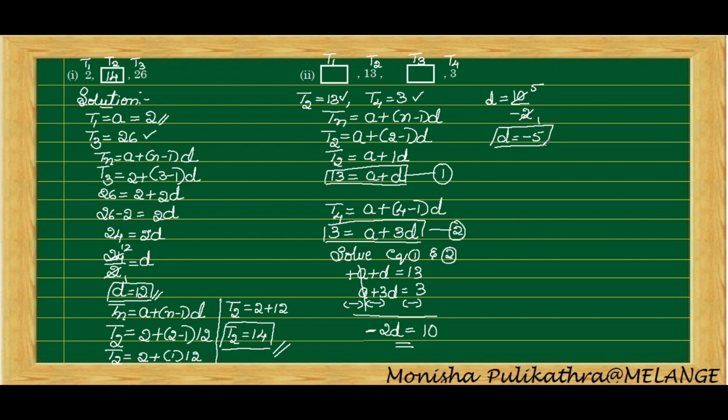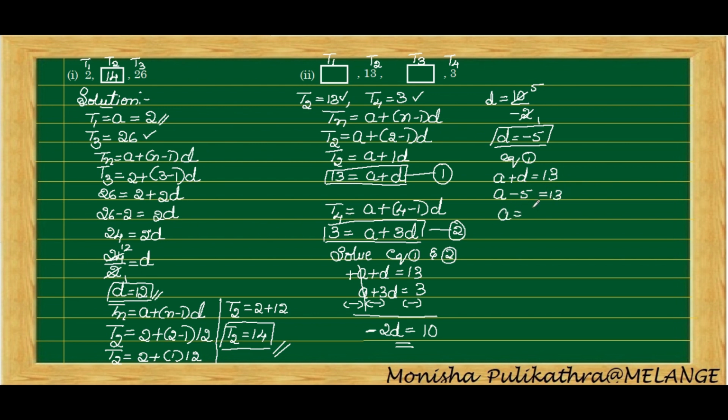In order to get the value for A, we need to substitute the value of D into either equation 1 or equation 2. Okay. So I will take equation 1. Equation 1 is A plus D is equal to 13. So in this equation, we need to substitute the value of D. So it will become A minus 5, since the D value is minus 5, is equal to 13.